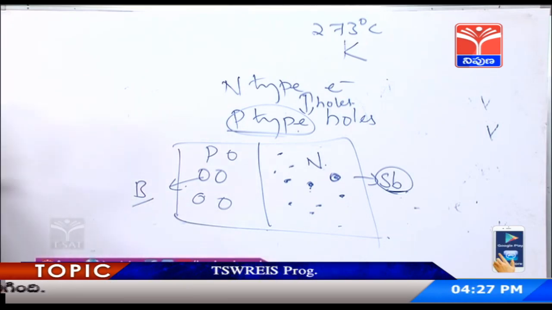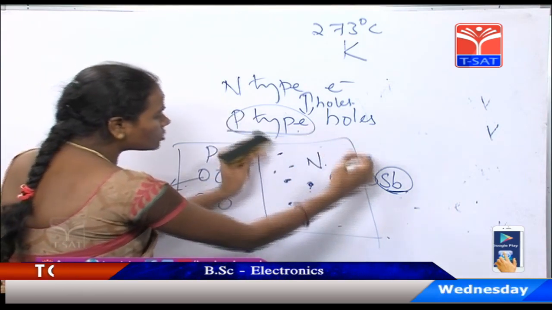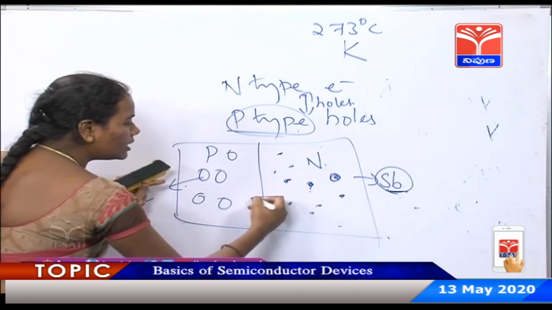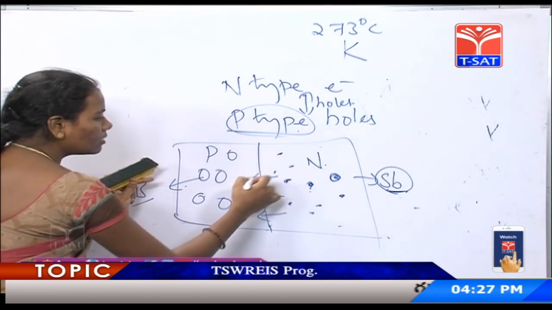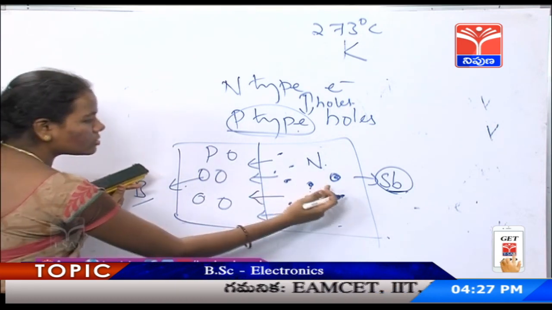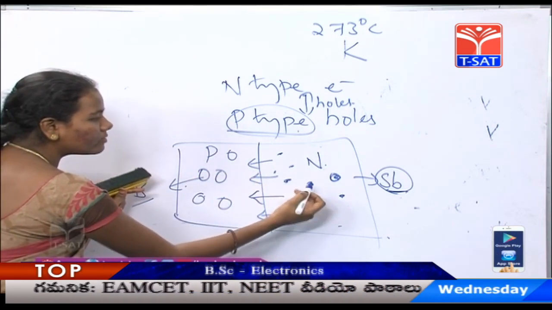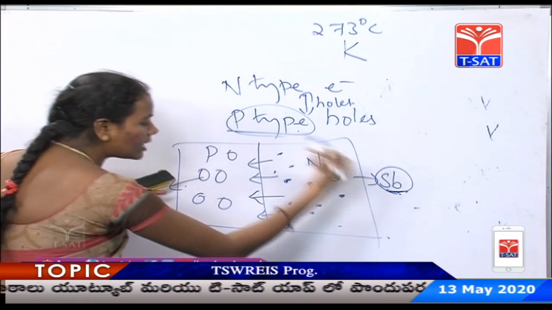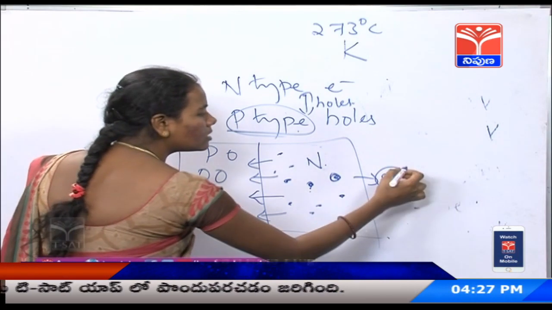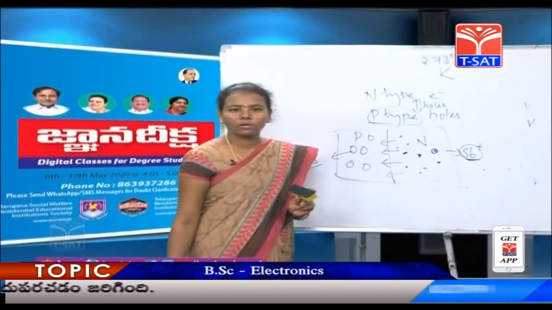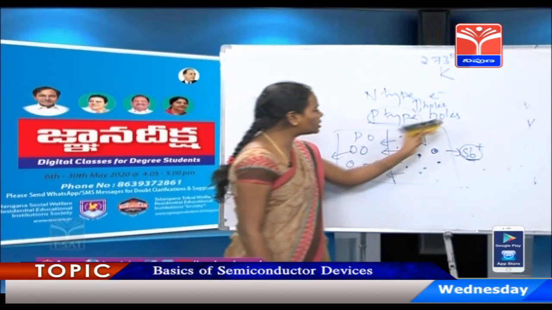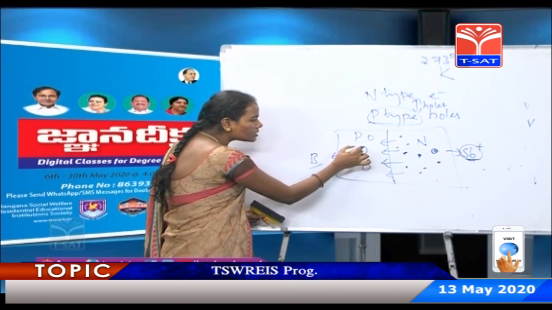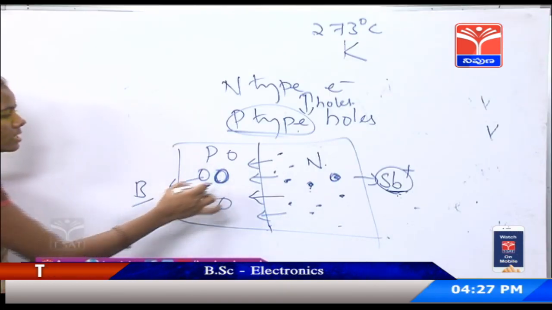So when the electrons are more in this region and less in this region, these electrons will diffuse to this side. When electrons leave the parent atom, what happens? This becomes positive. And these electrons will come here and fill these holes.